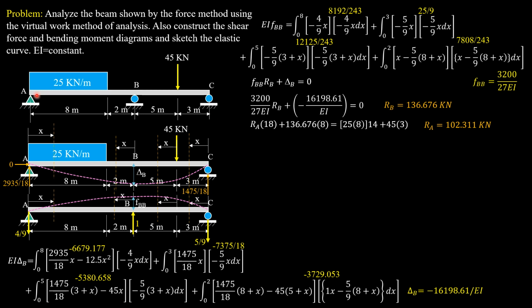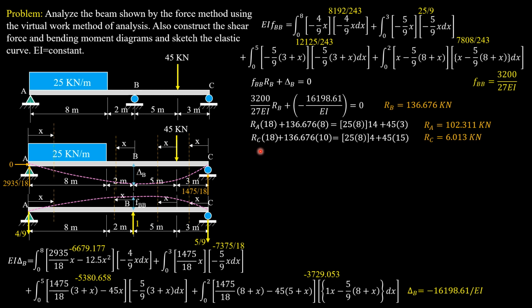Then summation of moment about A equals 0. So R sub C, assumed upward, times 18 plus R sub B, which is 136.676 times 10, equals 25 times 8 times 4, then plus 45 times 15.